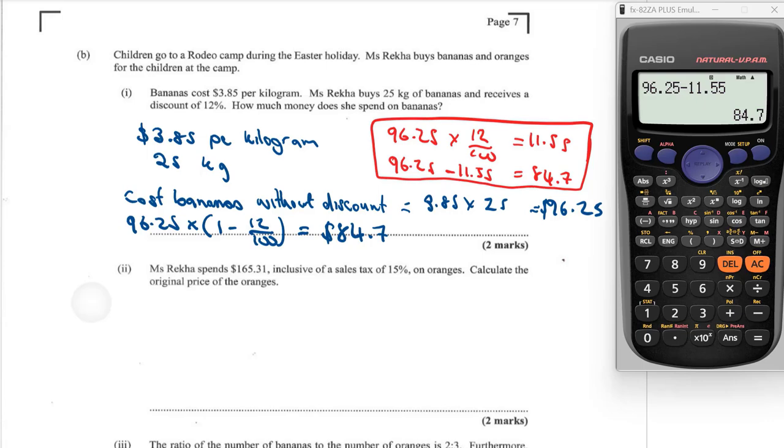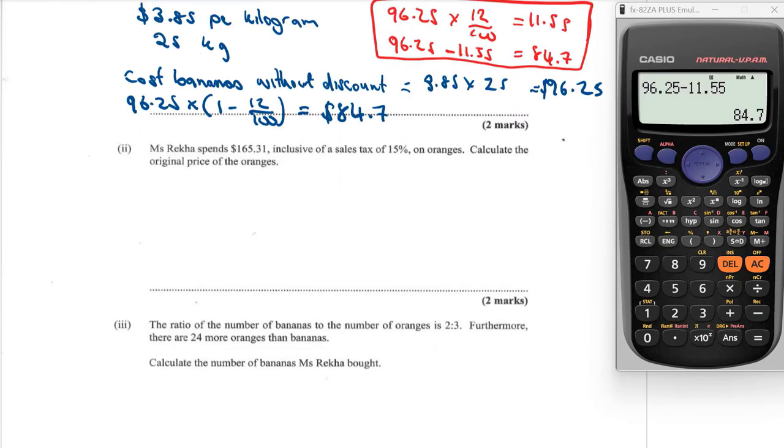Let's move to the next question. So it says now Miss Reka spends $165.31 inclusive of sales tax of 15% on oranges. Calculate the original price of the orange. So this question is now saying we do not know the original price of the orange, but we know what she paid inclusive of tax, the 15% tax.